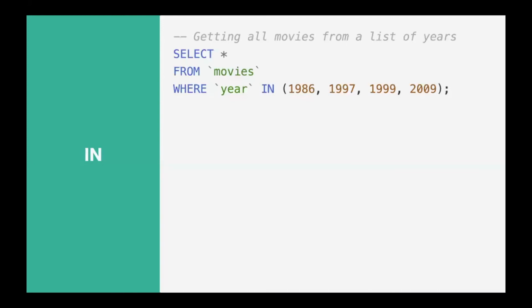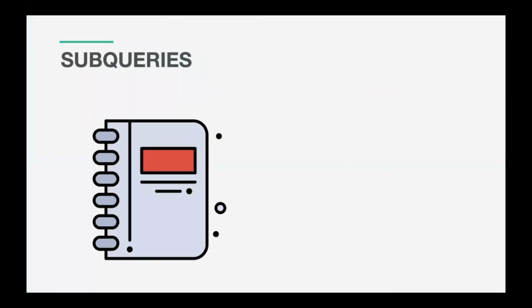All right, so we're going to talk about our last little topic for today with SQL, and that has to do with subqueries. Now, subqueries can take a little time to get your head wrapped around, so I'll try and go slow here. A subquery is a select statement within another statement.